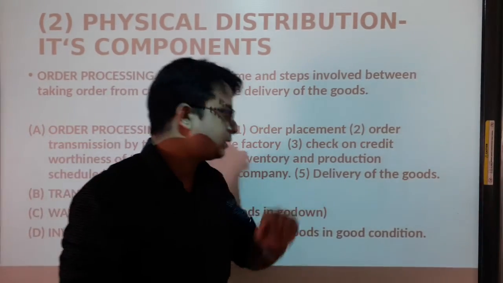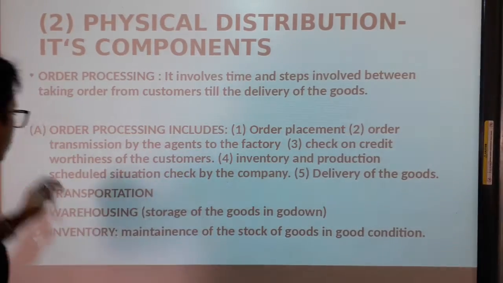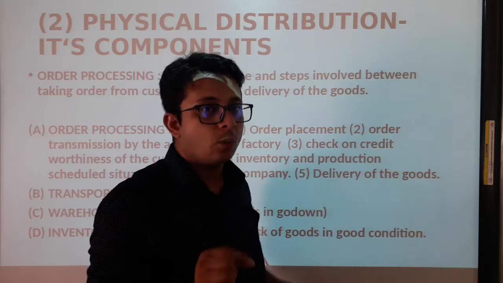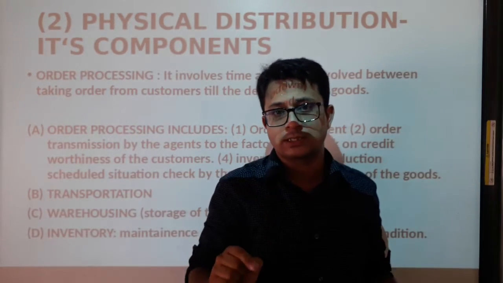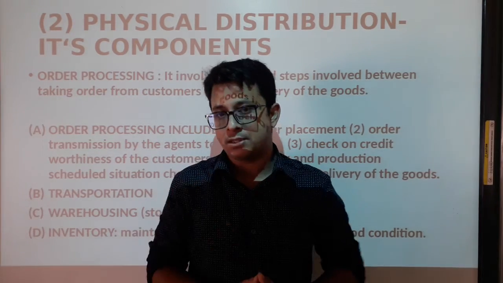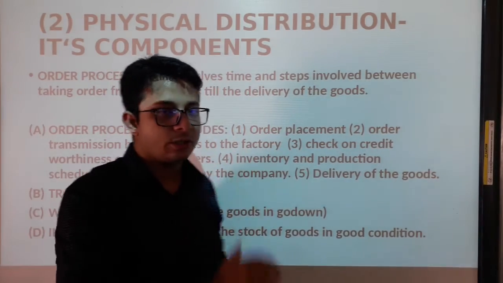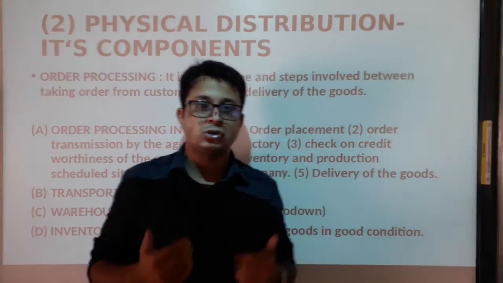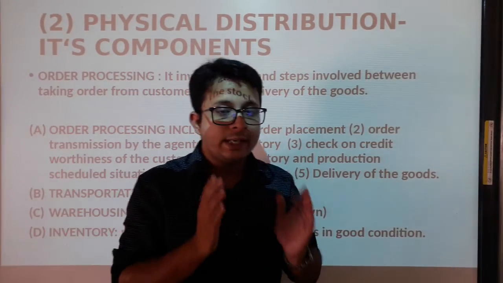So in the third step, the check on the credit worthiness of the customer, we need to see whether our customers are trustworthy or not, trustworthy in terms of payments: whether after giving that order, our customers will repay us the required amount of money or not. We need to check it.